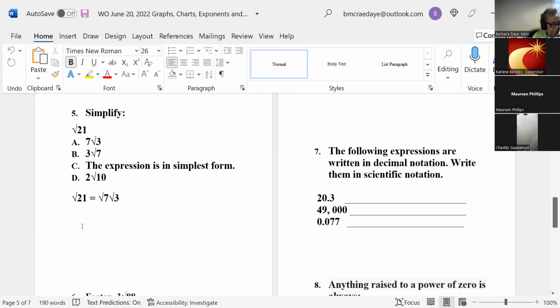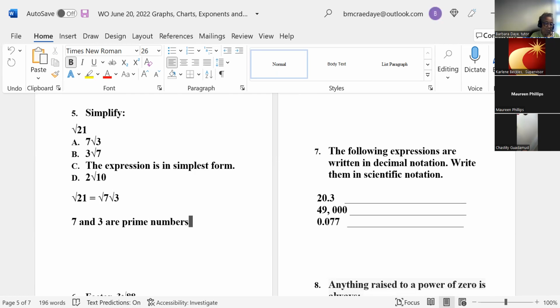But what do we know about 7 and 3, Maureen? What can 7 or 3 be factored into other than 1? So 7 and 3 are what we call prime numbers.